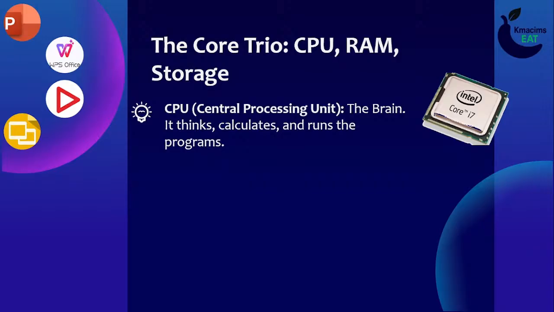The CPU is the computer's brain. It is the processing nerve of the computer system. A faster CPU means the computer can think faster.